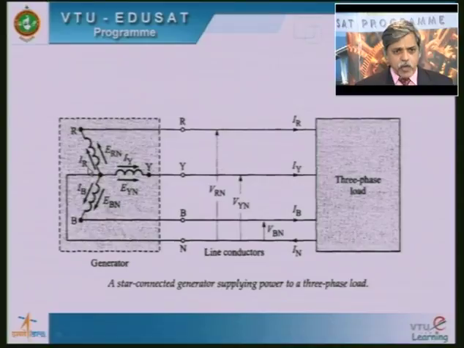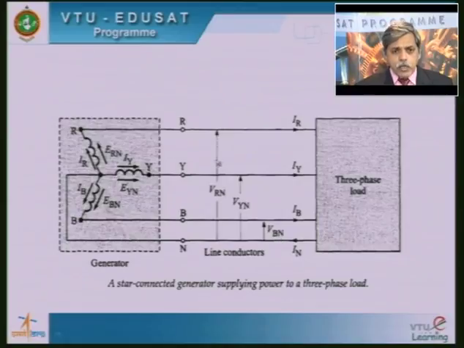So, the currents IR, IY and IB are also identical, that means they are symmetrical, with equal magnitude and a phase difference of 120 degrees between them. Subtracting the drops given by these currents in the winding from the generated voltages ERN, EYN and EBN, I get the terminal voltages VRN, VYN and VBN.